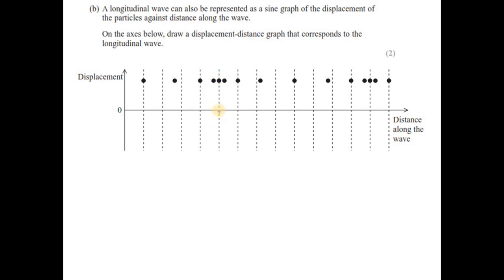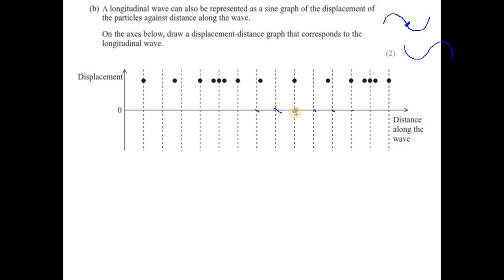So I can start, because I need to draw one wave, either from this or maybe this. I need to figure out this center point. How many intervals do I have? 1, 2, 3, 4, 5, 6, 7, 8. That means this is 1, 2, 3, 4.